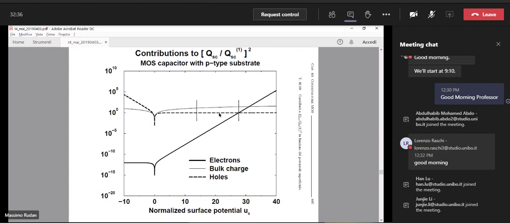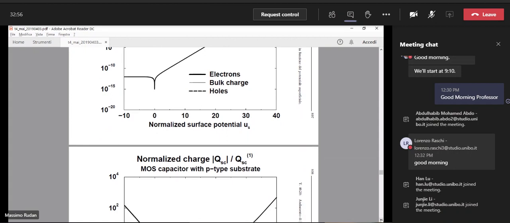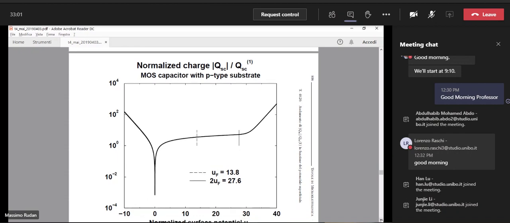Okay. So when we reach the strong inversion and we go a little beyond strong inversion, then you see that the contribution of the electrons becomes dominant with respect to that of the bulk charge and of the holes. This is a replica of a figure that we already commented. It is the normalized charge in the MOS capacitor.